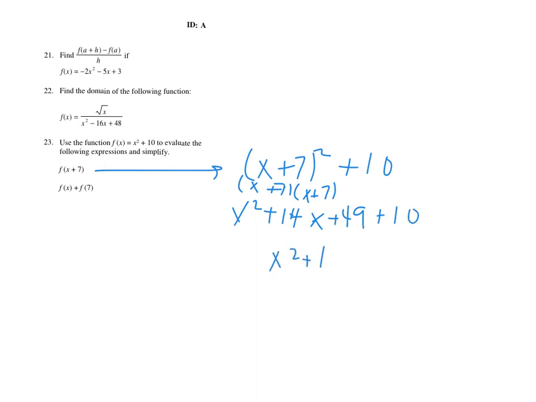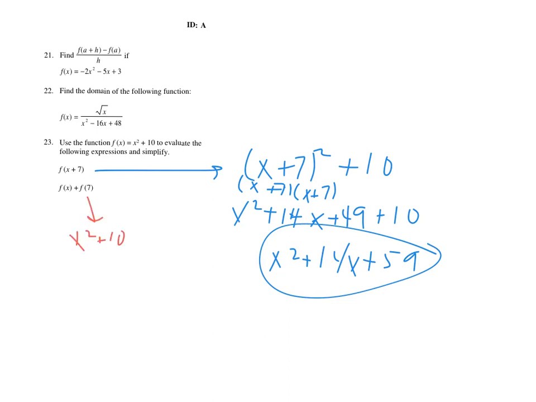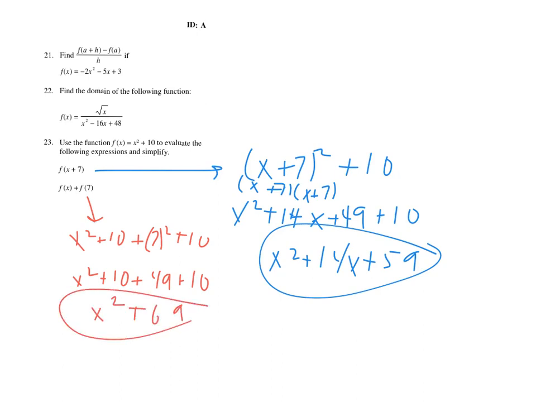So then we get x squared plus 14x plus 59. Now this one over here, I would just write the original function once here, and then I would add the function with me plugging in a 7. And so that would be x squared plus 10 plus 49 plus 10, so x squared plus 69.